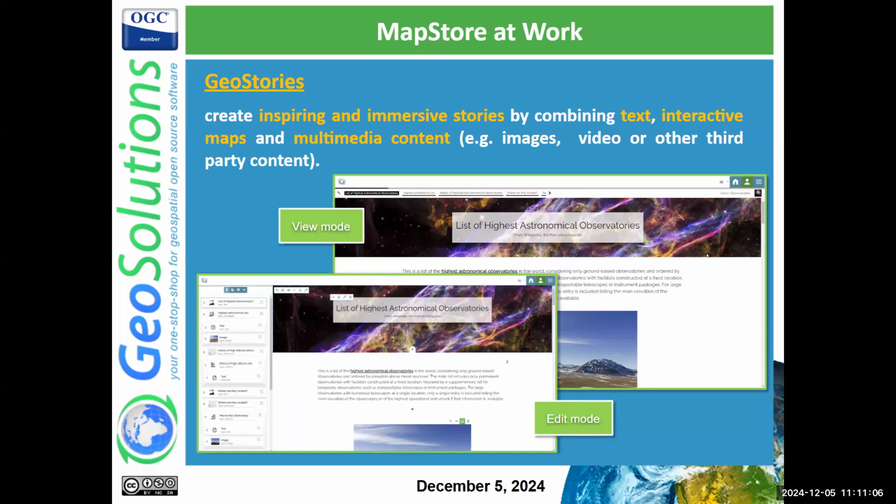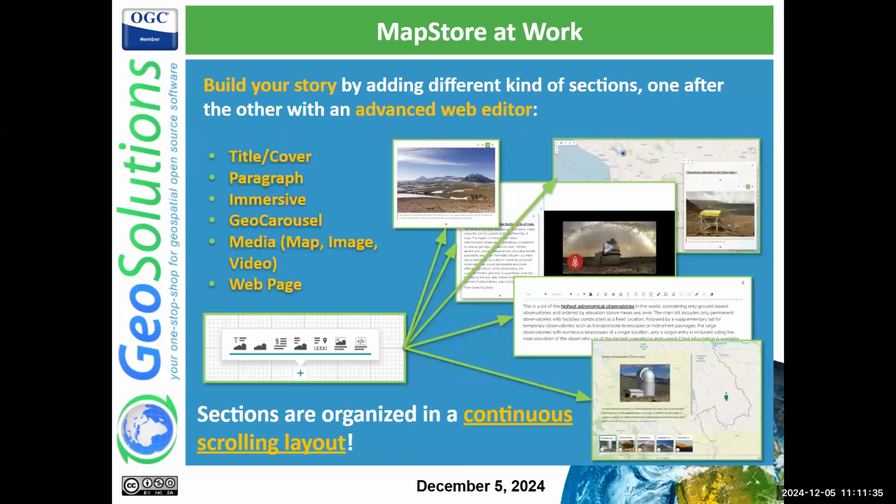Thanks to the advanced web editor, it is possible to create inspiring and immersive stories by combining geospatial information like maps with other multimedia contents like text, iframes, images, videos, and so on, with the aim to provide structured web pages where different sections alternate in a continuous scrolling layout to offer an immersive and highly in-depth experience in consulting the information, to delight your audience.